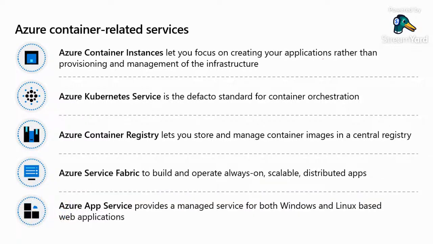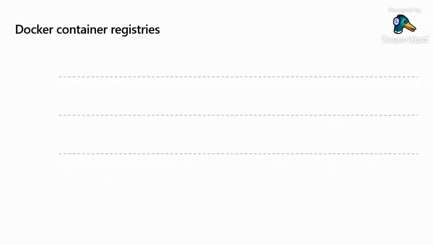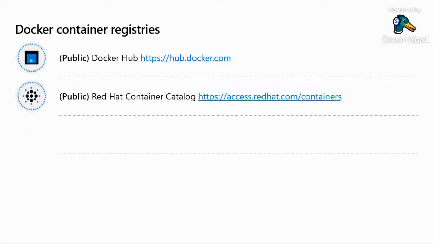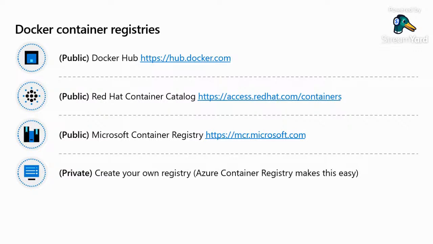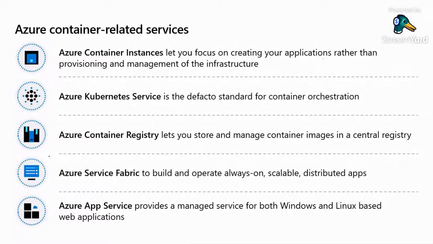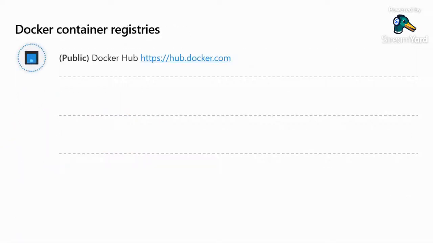Okay, great. So now we have Docker container registries. I told you to ignore this point over here, container registry, because I wanted to cover it in a bit more depth in this slide.